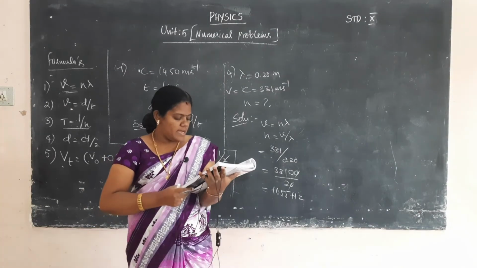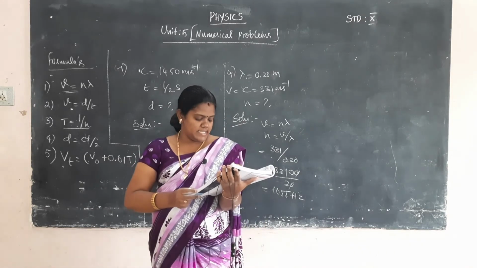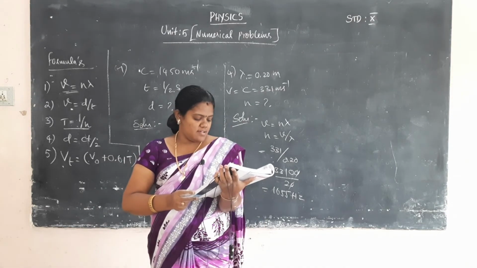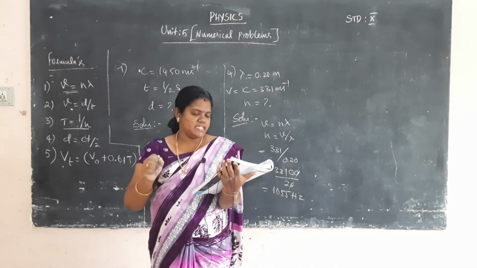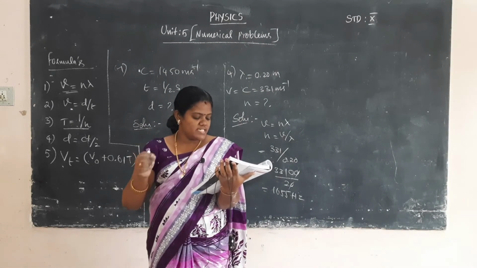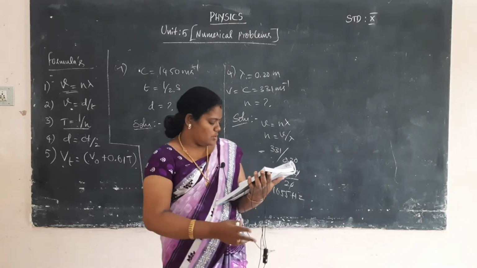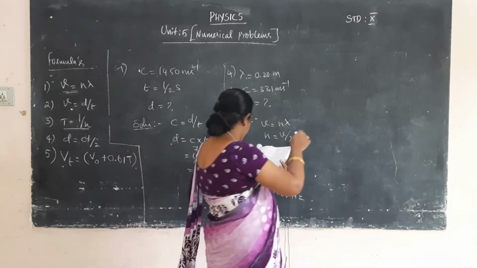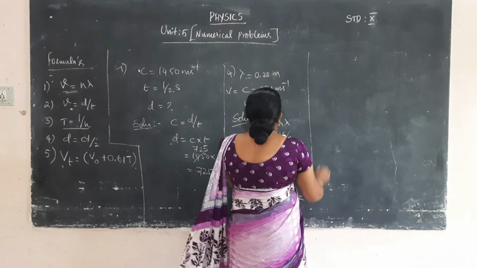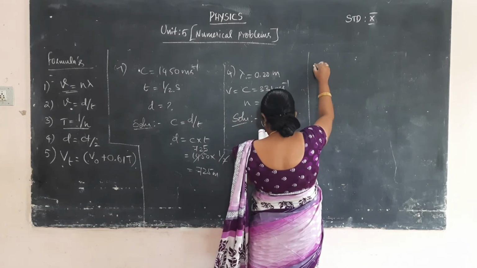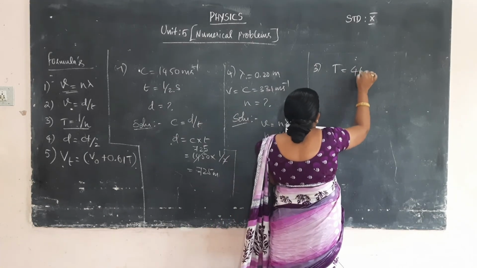Air temperature in the Rajasthan desert can reach 46 degrees Celsius. What is the velocity of the sound in air at that temperature? So in the Rajasthan desert, the temperature is 46 degrees Celsius.